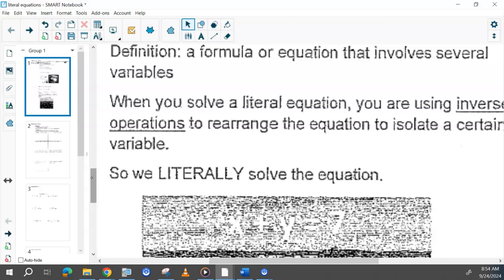We're still solving it like normal, but we're not going to get an actual answer. We're solving it to get a variable by itself. So we literally solved the equation, but we don't know. This is supposed to say x plus y equals 7. Like if we were solving that for x or for y, we would still have variables in there. Okay, go on to the next page.